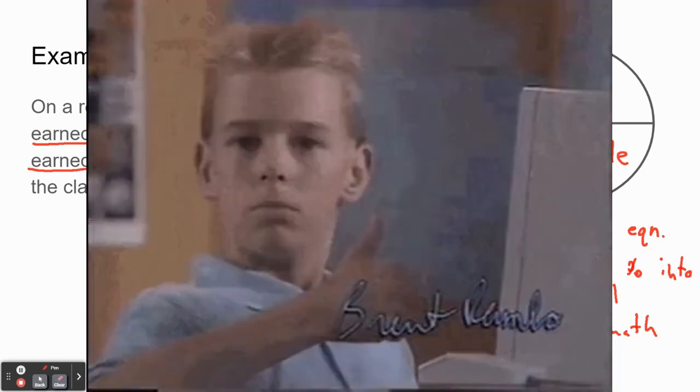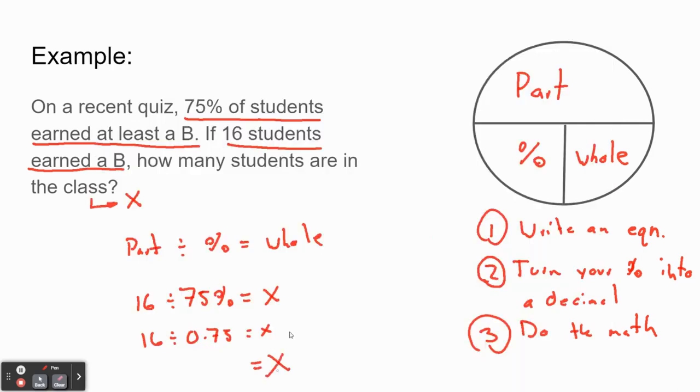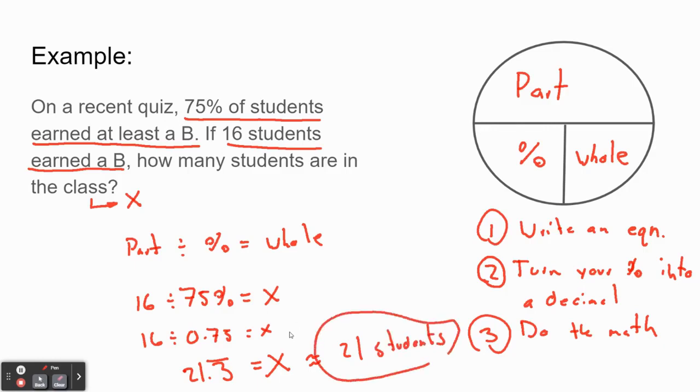Here you'd have to technically do some long division, but just to save some time, we're just going to say that 16 divided by 0.75 is 21.3 repeating. You can't have a third of a student, though, so we're going to say we have about 21 students in this class. And that's it. That's all we have to do.